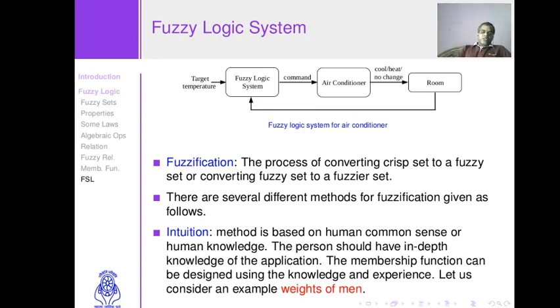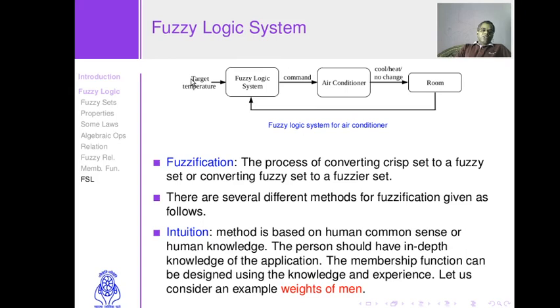Those are compared, based on some rules actions are taken, and that is provided in the form of a command to the air conditioner. That is, the fuzzy logic system decides whether to cool down or to increase the temperature, or the air conditioner should make no change at all.